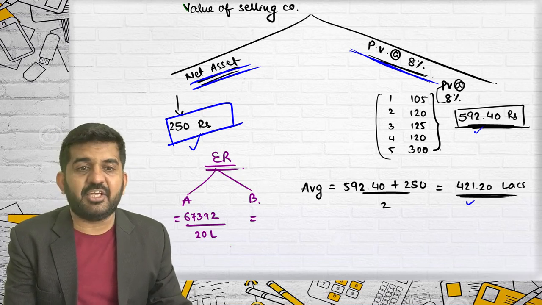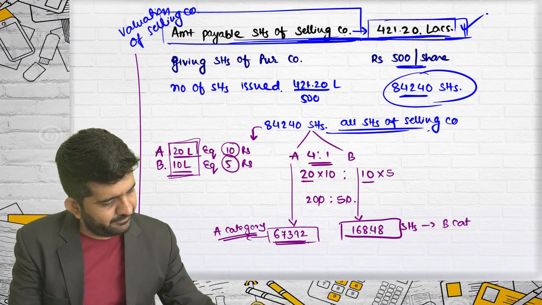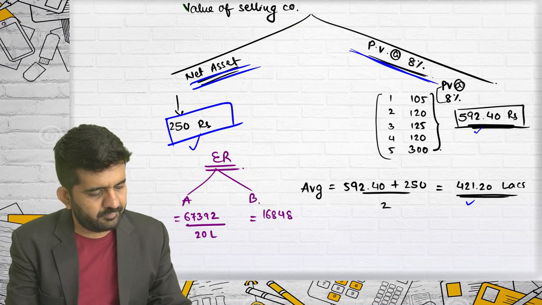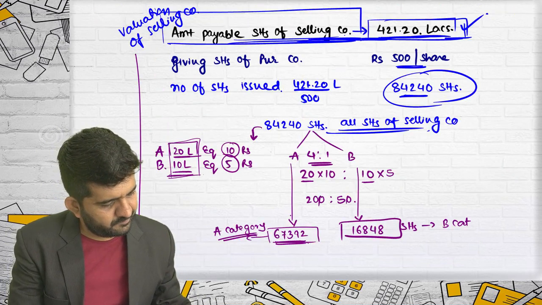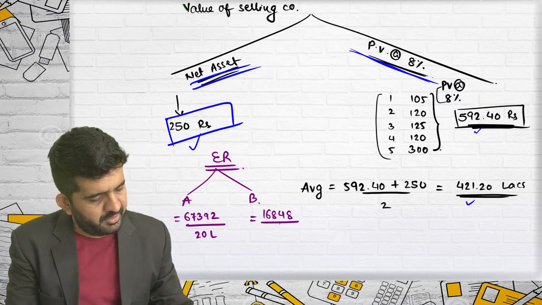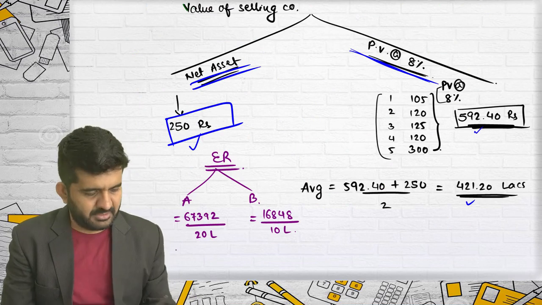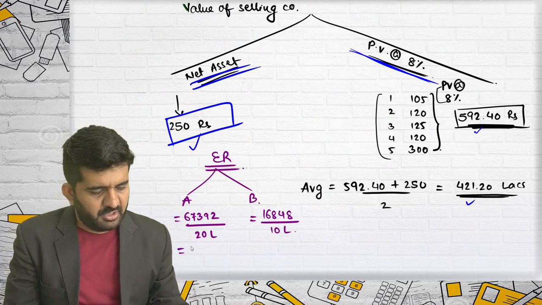What B category of shareholders are getting is 16,848, divided by the 10 lakhs they are having. Find out this exchange ratio.